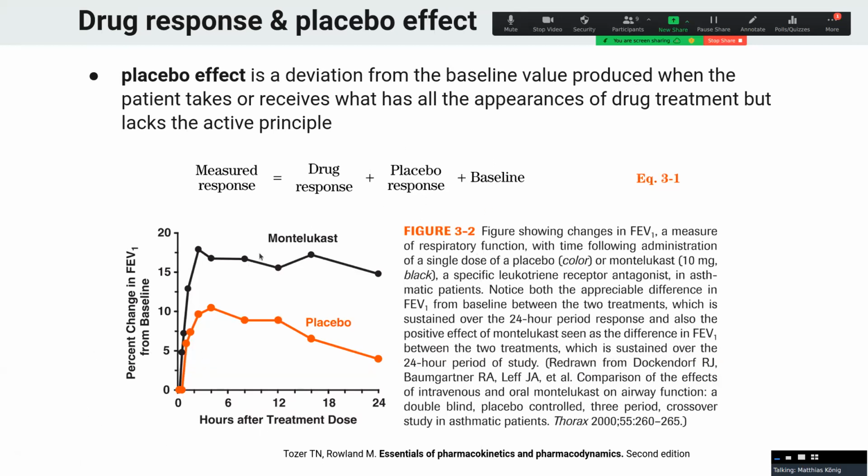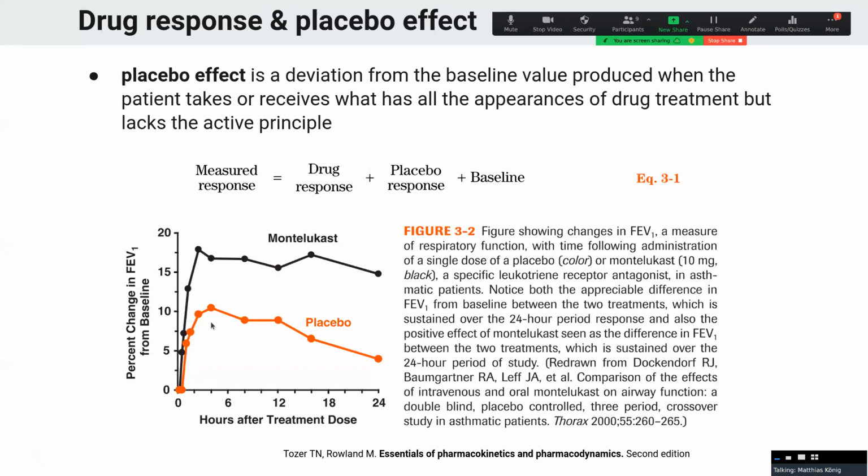Examples are, for instance, here the FEV1, which is a readout from a lung function evaluation parameter. You breathe into a bag and you see how much volume you can breathe into the bag, and the higher that is, the better it is.